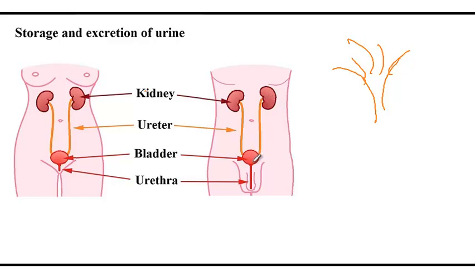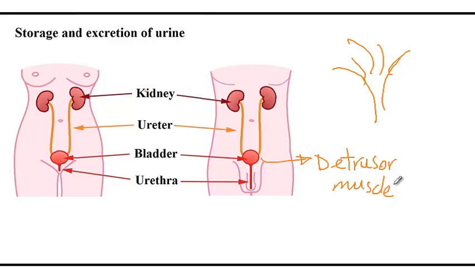Now what is the bladder? The bladder is basically a smooth sac that has layers of smooth muscle called the detrusor muscle. And normally when the bladder is empty, it will collapse on itself and form folds.